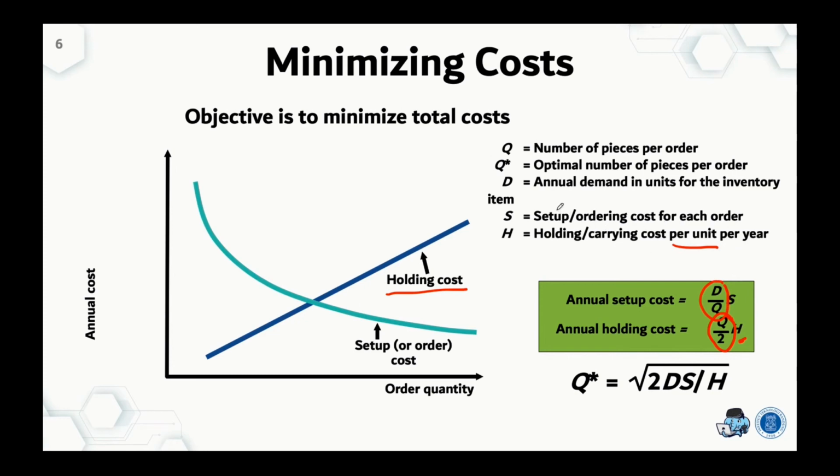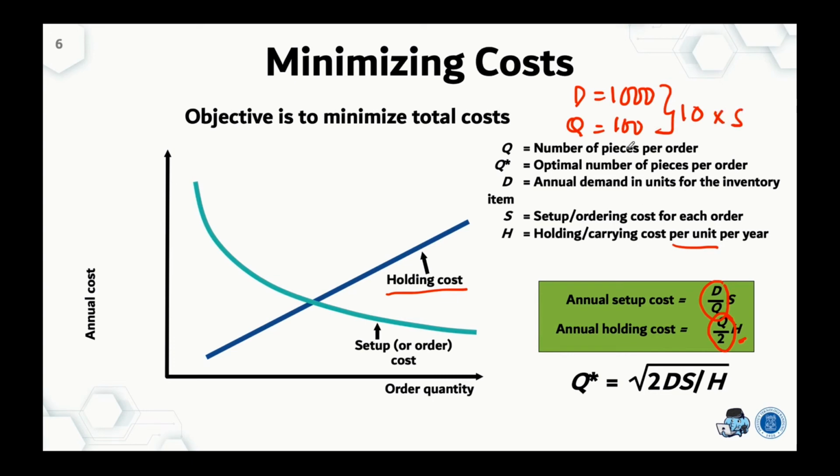For example, if we have D equal to 1000 per year, and each time we order 100, how many times do we need to order? In this case, it means that we have to order 10 times. So 10 orders multiplied by the setup cost.